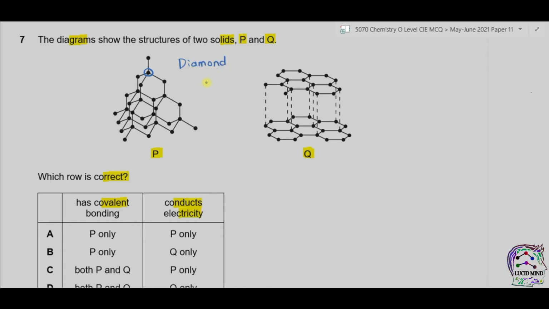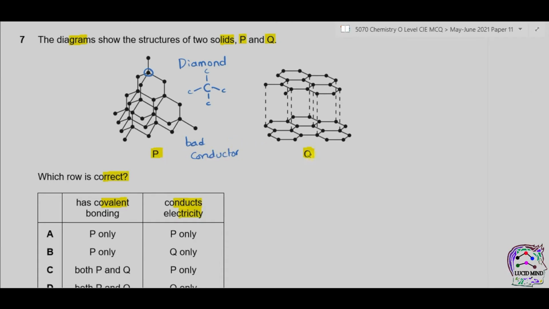In diamond, carbon makes 4 single covalent bonds with other carbon atoms. Similarly, each carbon makes 4 single covalent bonds with further carbon atoms. So no free electrons are present and it is a bad conductor of current. So we have covalent bonding in P and there are no free electrons.